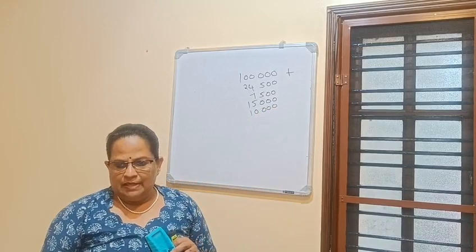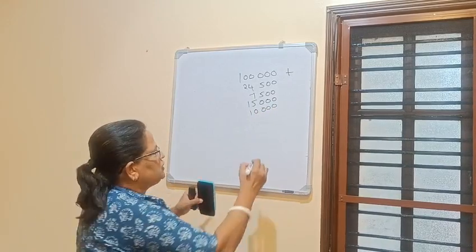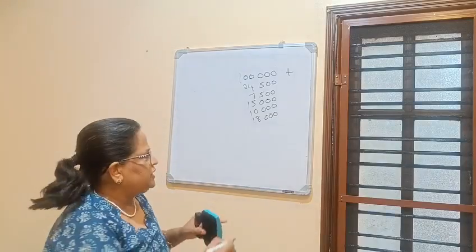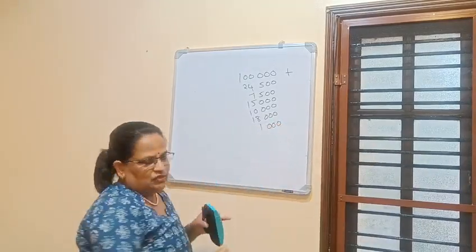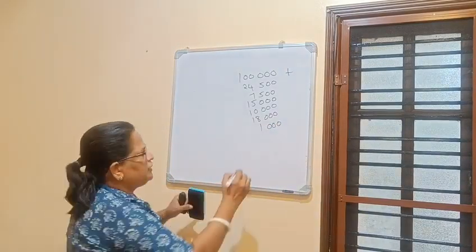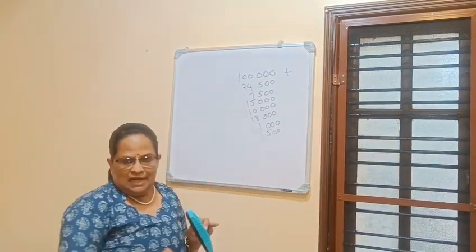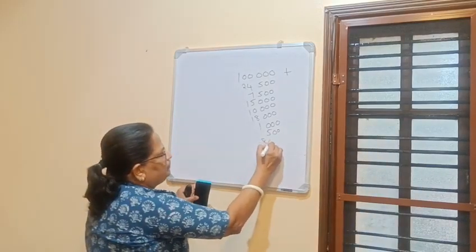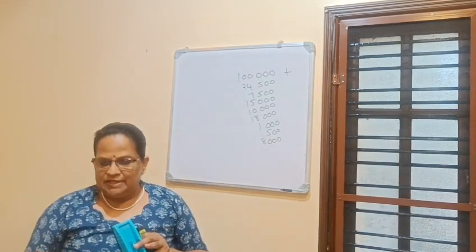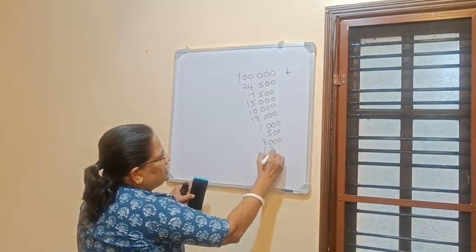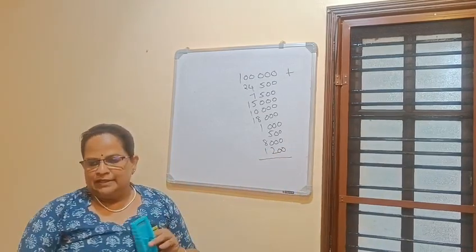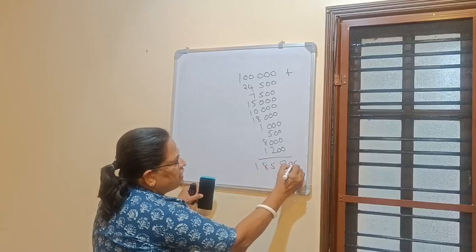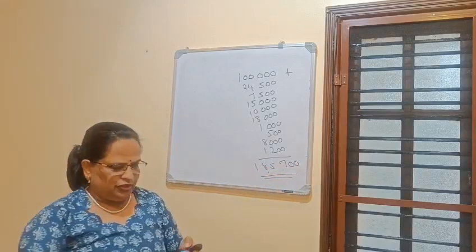Repairs value is 18,000. Next is salary to security staff 1,000. Next is bank commission 500. Next is legal expenses for recovering the rent 8,000. Next is salary of gardener 1,200. These items we have to add back, then we will get the actual rent, that is 1,85,700. Now your computation should be based on this.